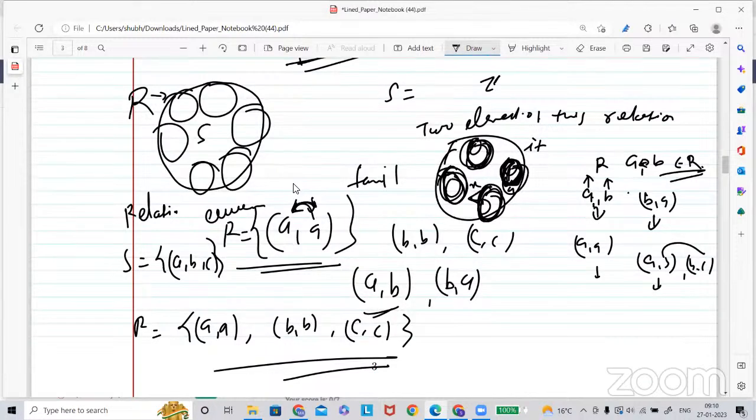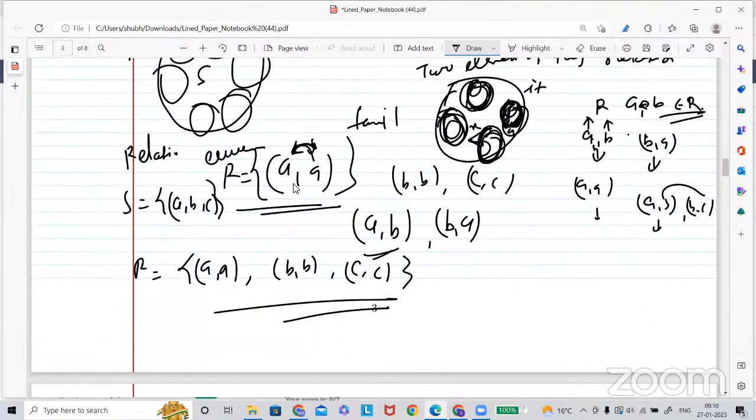Not always. Can you show me the condition when it is not symmetric? Not all reflexive relations are symmetric. If only the reflexive pairs are given, then it is symmetric.